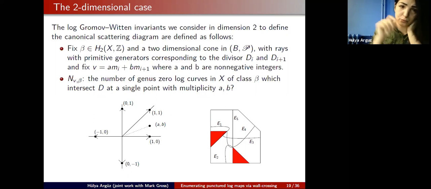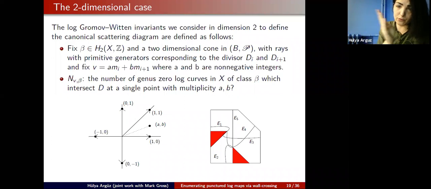And you cannot move it. It is 0-dimensional. Everything is 0-dimensional in dimension 2. In higher dimensions, like in dimension 3, we look at one parameter families of curves. So we always consider n-2 dimensional families. And this means that your tropicalizations can move along a one-dimensional cone in higher dimensions.